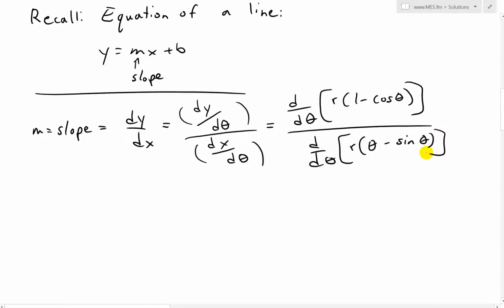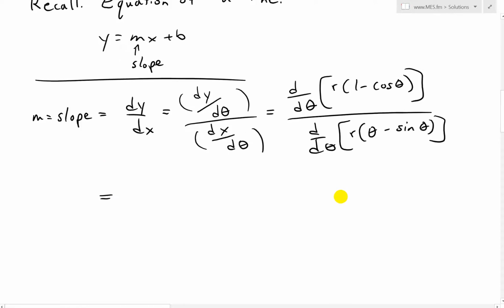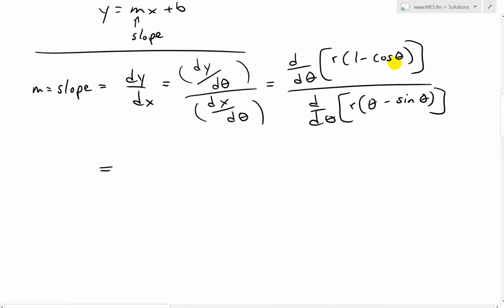Now we can just take derivatives using these trigonometric functions. The r is just a constant, the radius. Then 1 minus cosine theta: the derivative of 1 is just 0. Now we have negative cosine theta, and the derivative of cosine theta, recall, is negative sine.